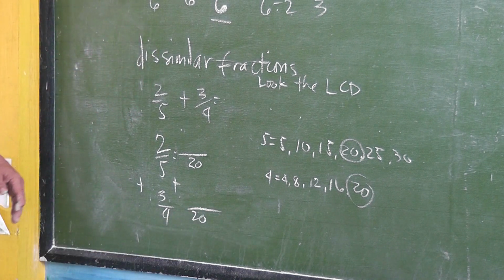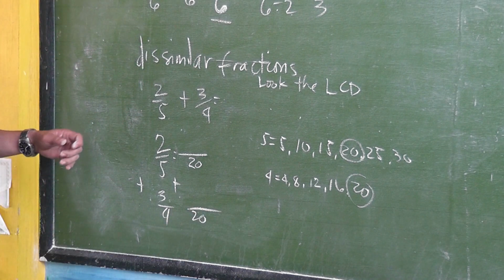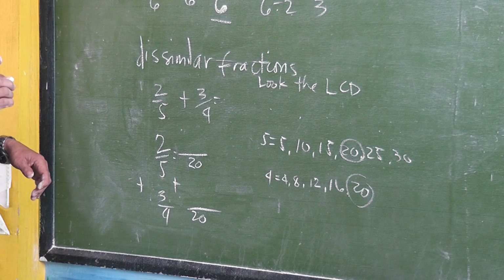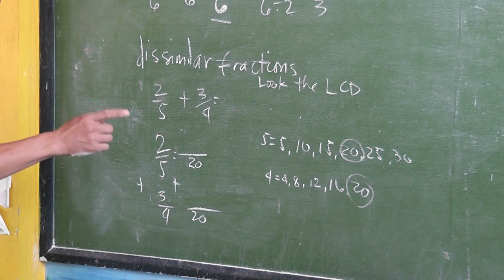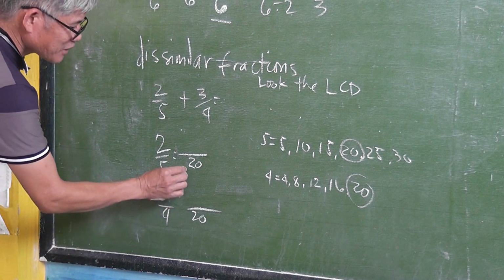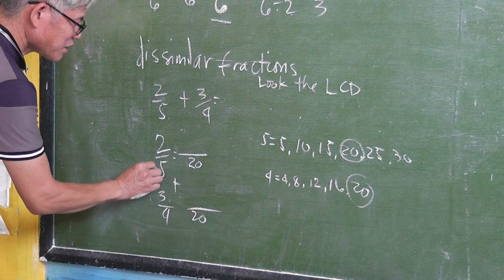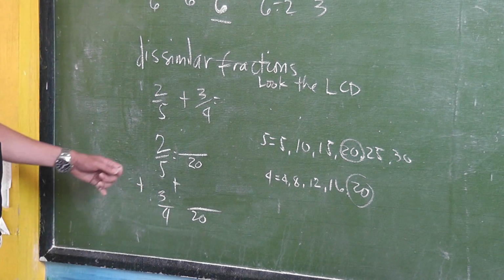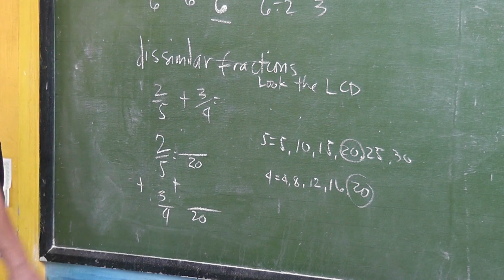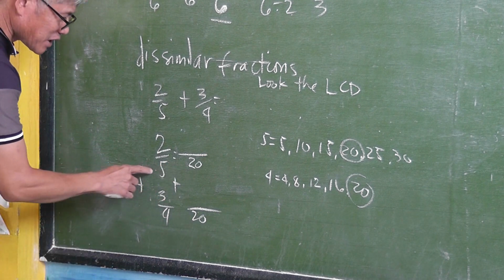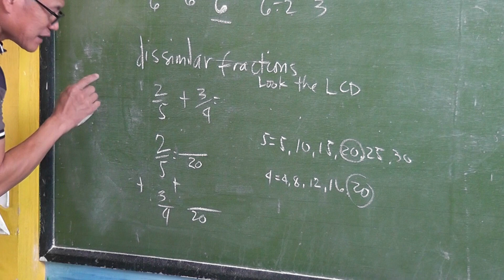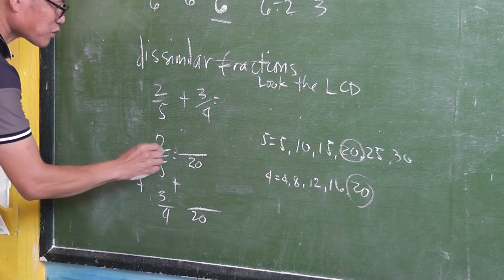After that, we divide the LCD by our denominators. So 20 divided by 5 is 4, and then we multiply by the numerator. 4 times 2 is 8.